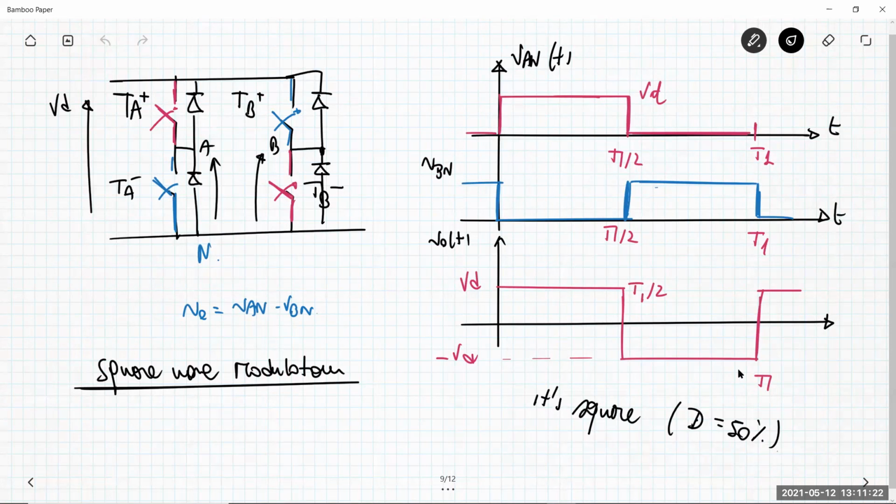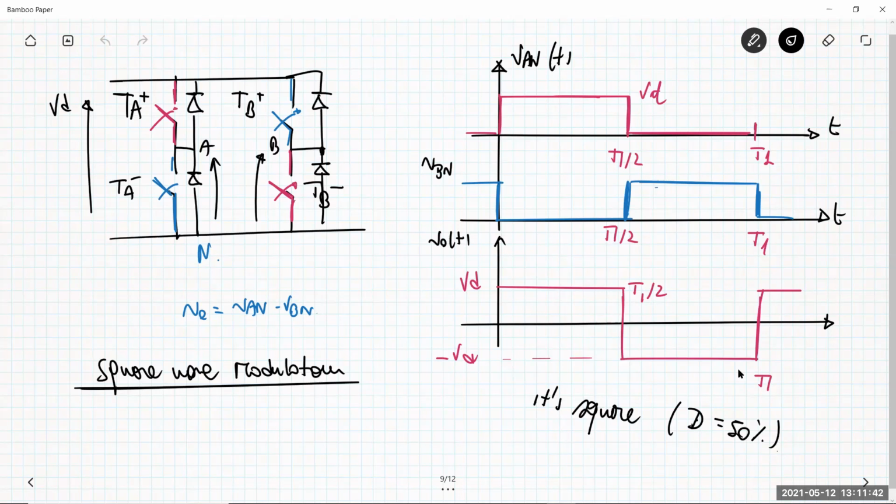There is no more width modulation of the output depending on the amplitude of the sine wave that you use as a control voltage. Okay, there is no more behavior like an output voltage which is sine wave modulated.